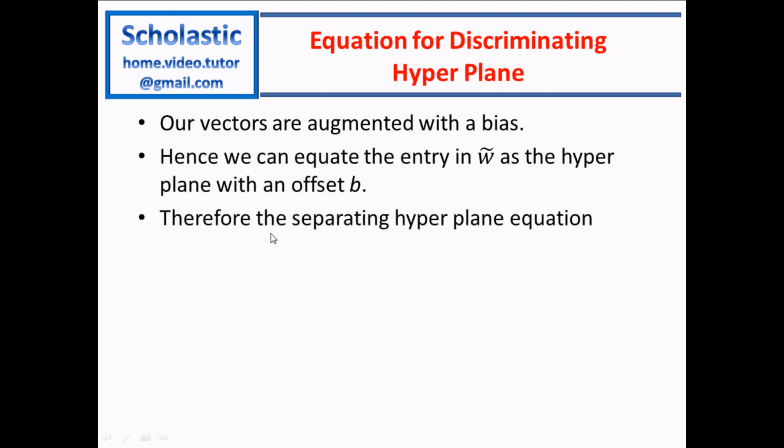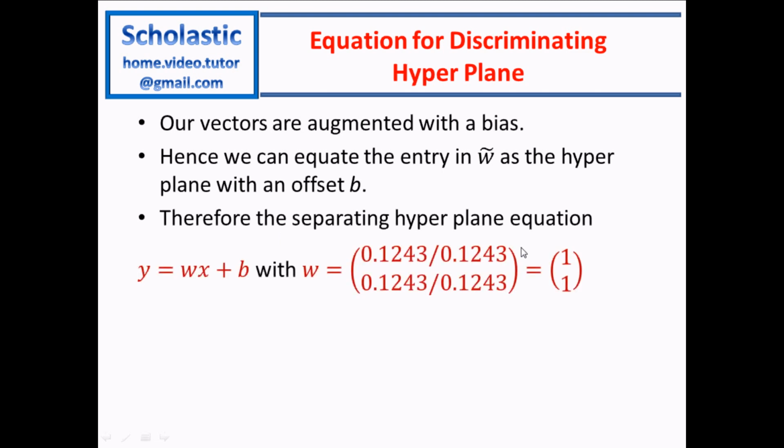So the separating hyperplane equation can be written as y equals wx plus b, with w equal to 0.1243, the value that we got, divided by 0.1243 to normalize it to 1, 1. Basically this is the equation of the hyperplane, actually the gradient, and then we get the bias or offset b equal to negative 1.2501, which is the one we got earlier, divided by the same number, and then you get the offset value negative 10.057.